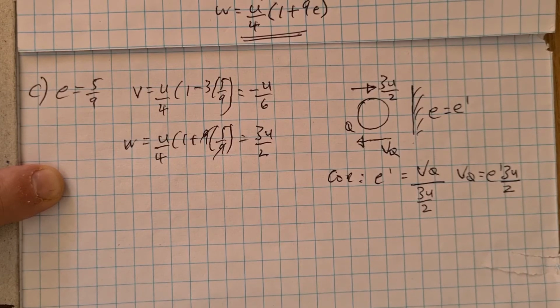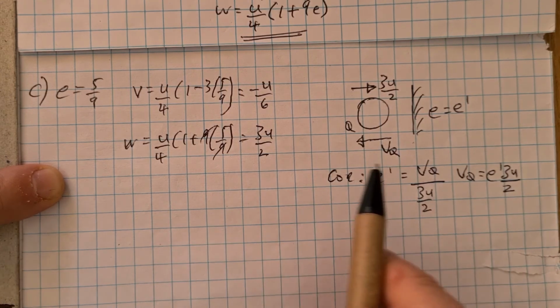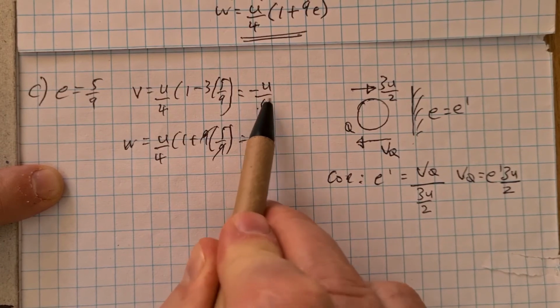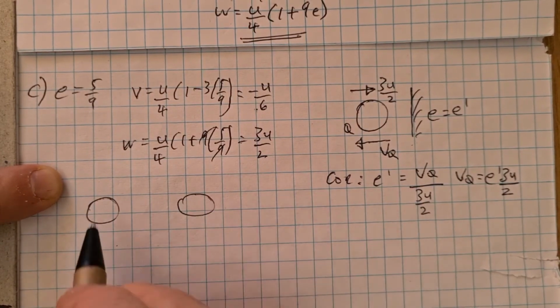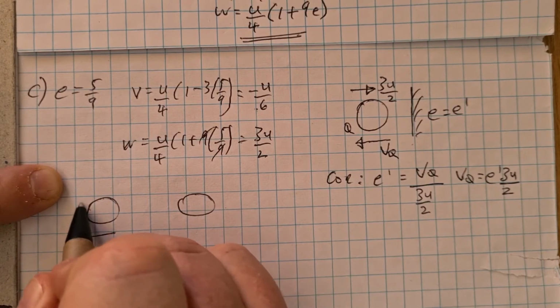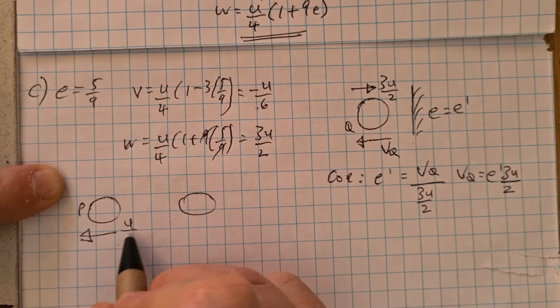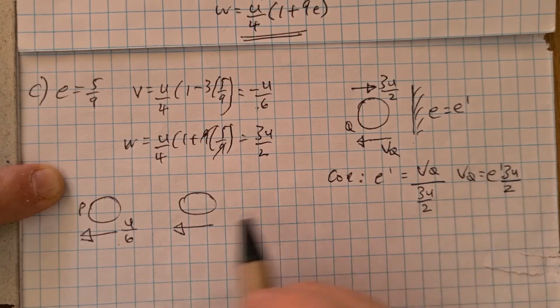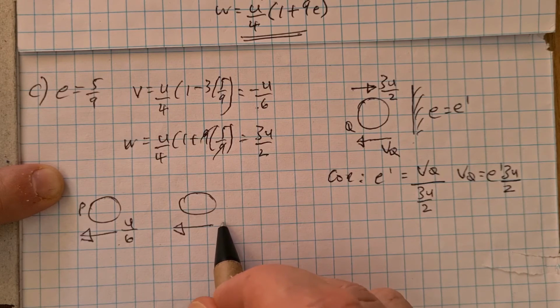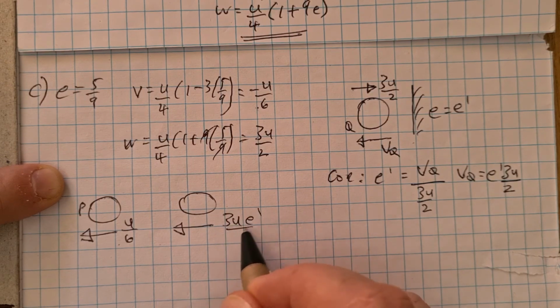Now, it asks us to find the inequality for the values of e dash so that there is a further collision. If we look at the particles after the collision with the wall, particle P is travelling with a speed of u over 6, and our unknown is 3u e dash over 2.